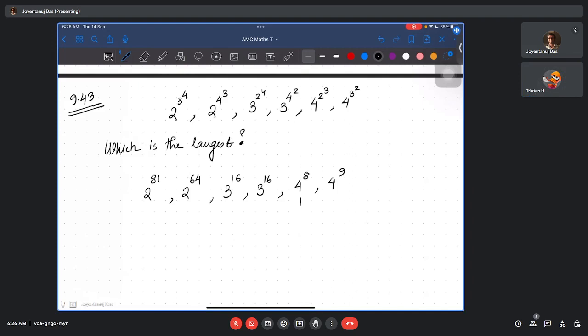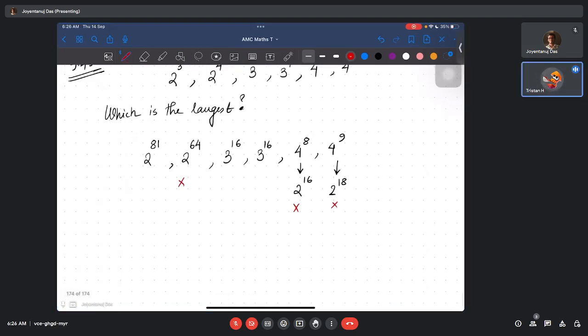Right. So this you can further do 2 power something, right? Yes, 2 power 16 and 2 power 18. Right. So these things are gone. And only between 2 power 81 and 3 power 16.